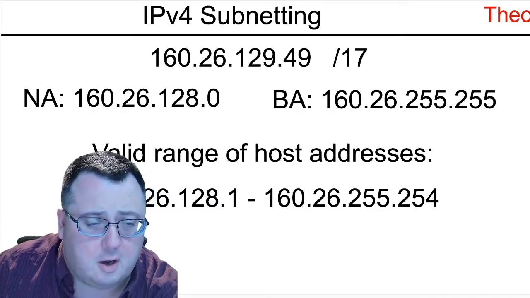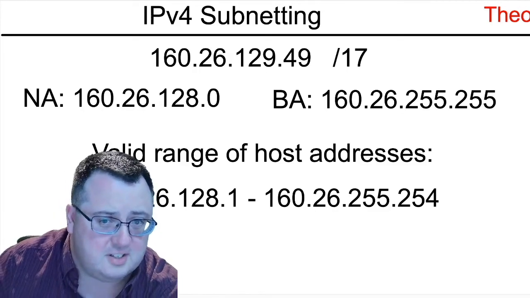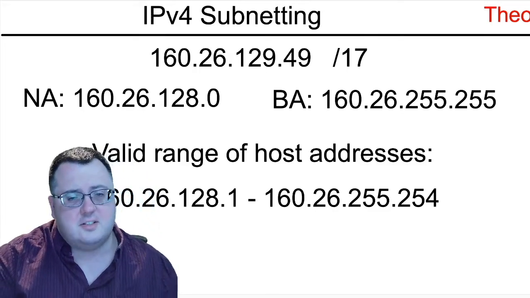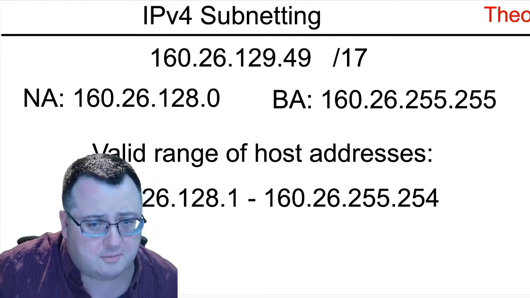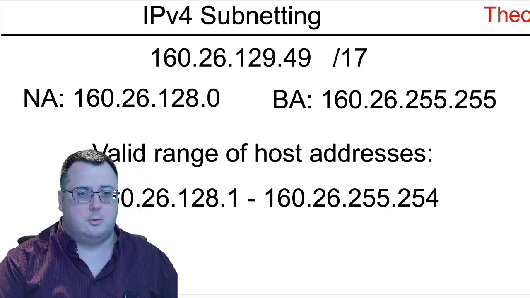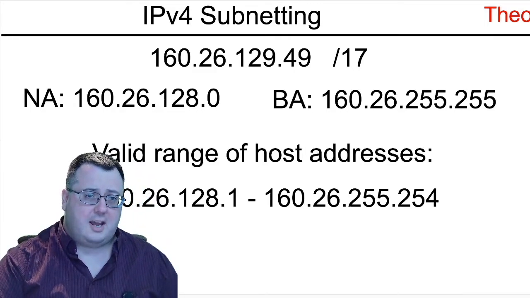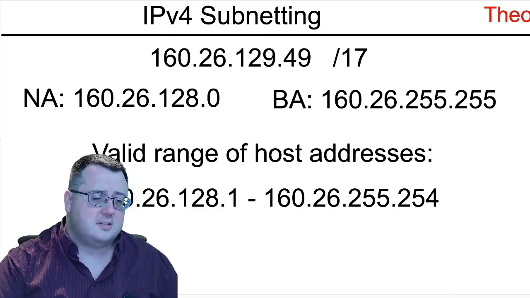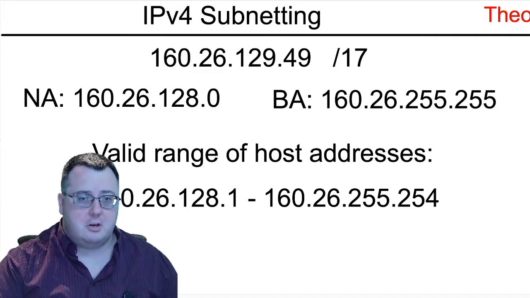Lastly, after we've found out what the network address is and what the broadcast address is, we can see what the valid range of host addresses will be. So you cannot use a network address as a host address. It just doesn't work. But you can use the next digit up, which is 1.